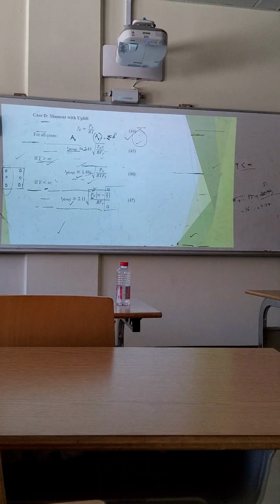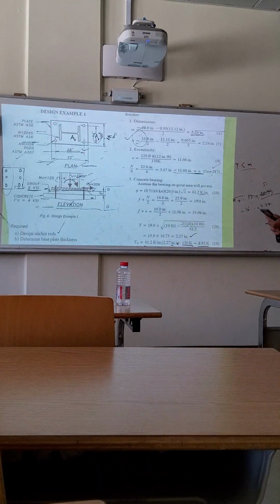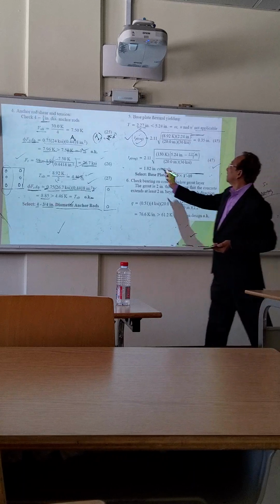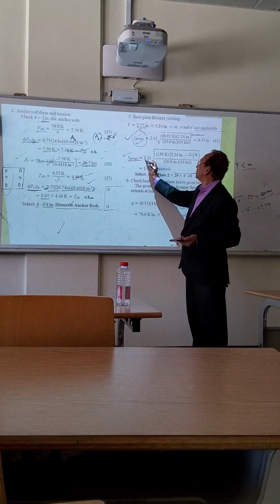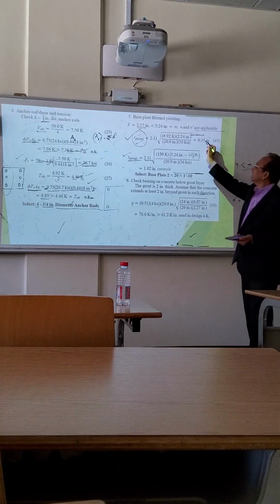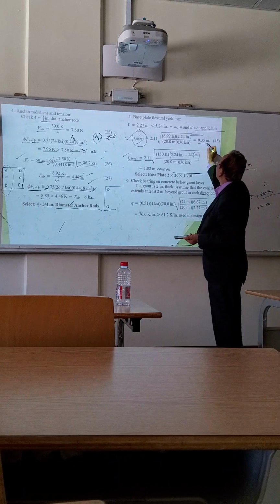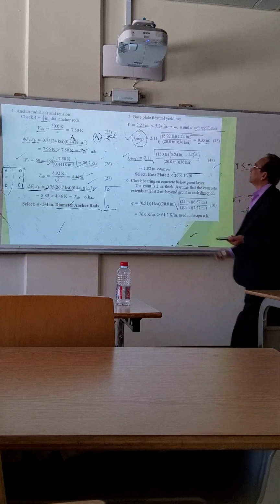So you can calculate this value and find the thickness of the plate. 2.11 in this case, 0.35, and here you get this value as 1.82 inch.